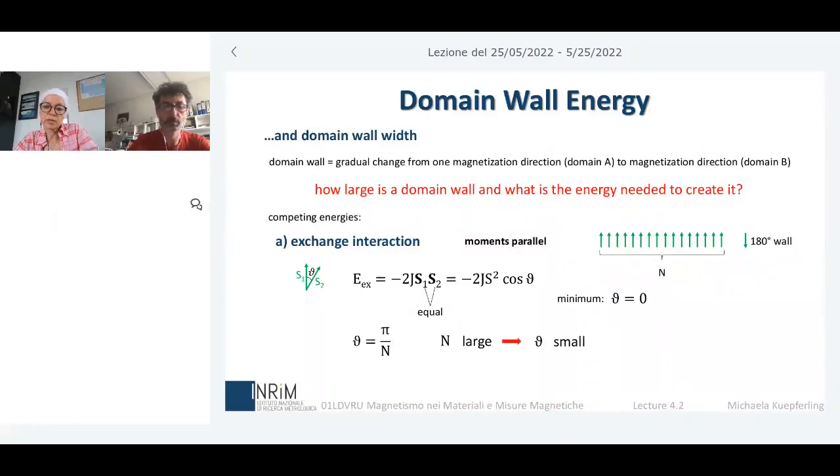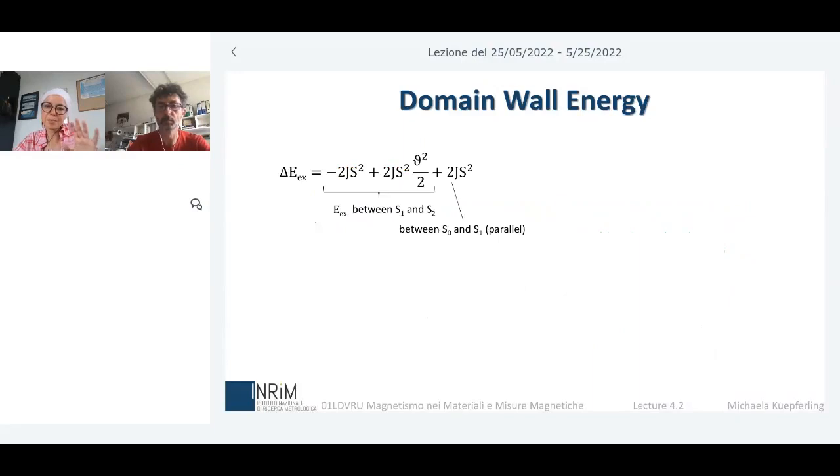If n is large, we can consider theta to be small, and we can make a Taylor expansion of the cosine of theta, just for simplifying this calculation. Then we can calculate a delta exchange energy between neighboring spins, and this is simply J times S squared times pi squared divided by n squared, coming from this Taylor expansion.